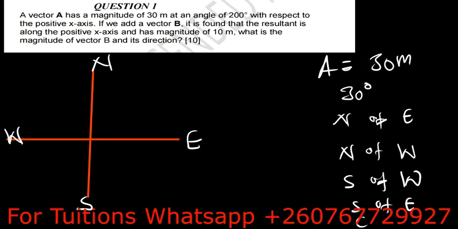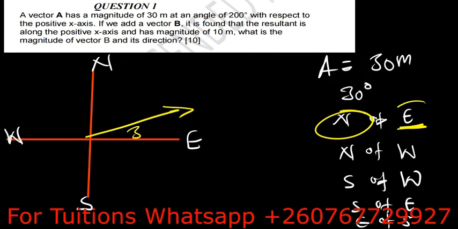What does it mean? If in between there is "of", meaning the angle you are talking about, they are going to give you the angle. The angle is near the last part here than the first part. When I say north of east, the angle is near east than north. So if I have got 30 degrees, meaning this 30 degrees is near east than north, that's the angle I'm going to use.